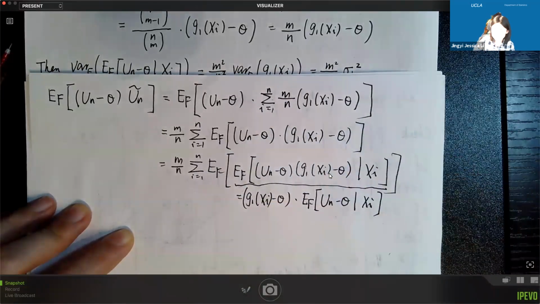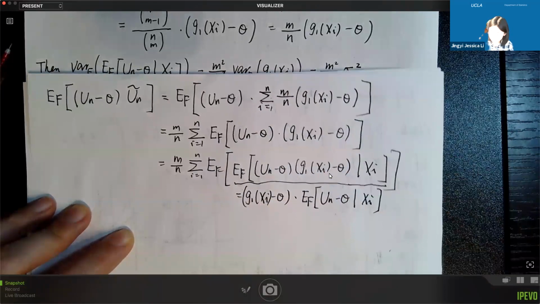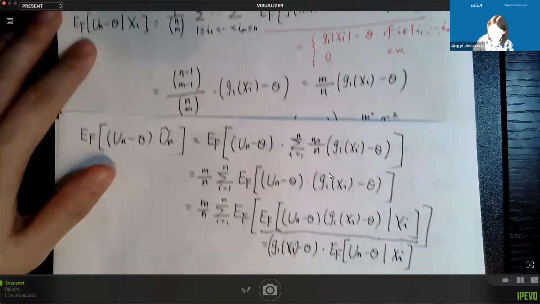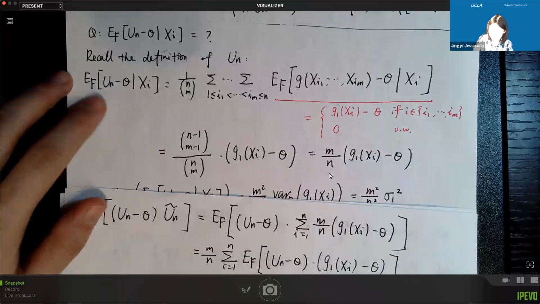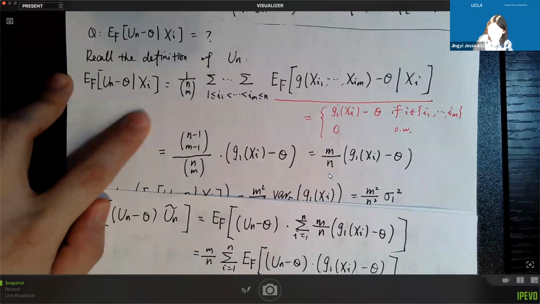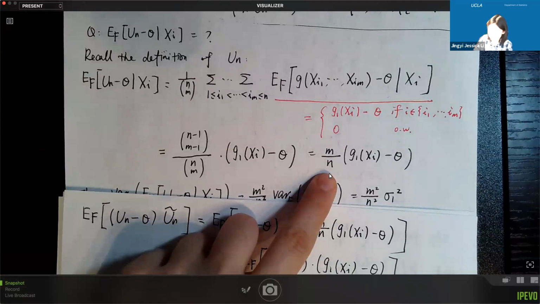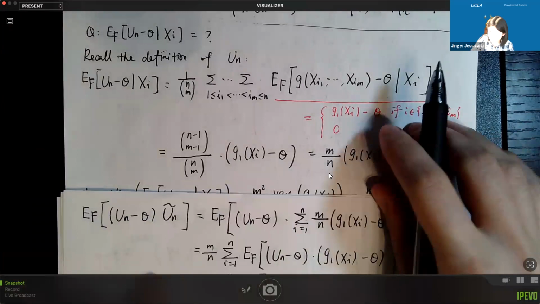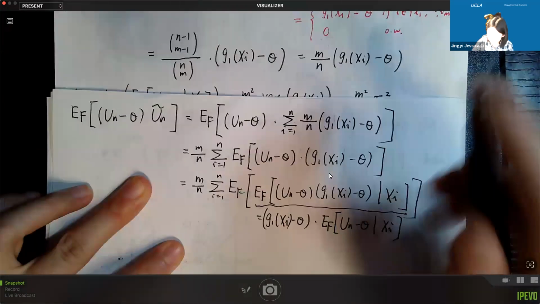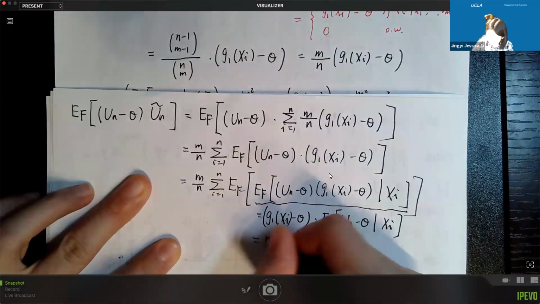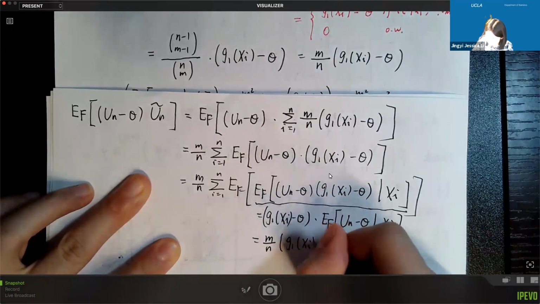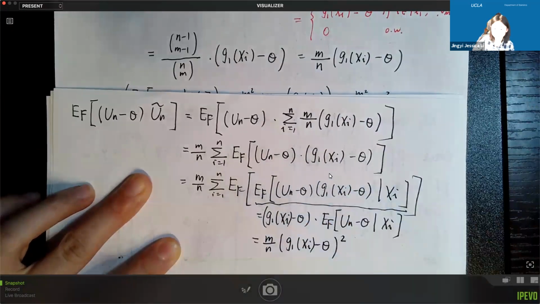And we know that, since we already did this calculation: the conditional expectation of Un minus theta given Xi is equal to m over n times (g1(Xi) minus theta). So I would have m over n times (g1(Xi) minus theta) squared.